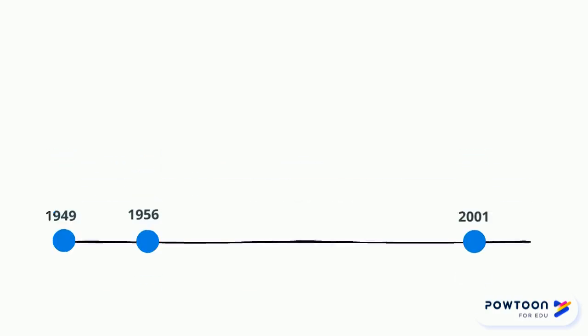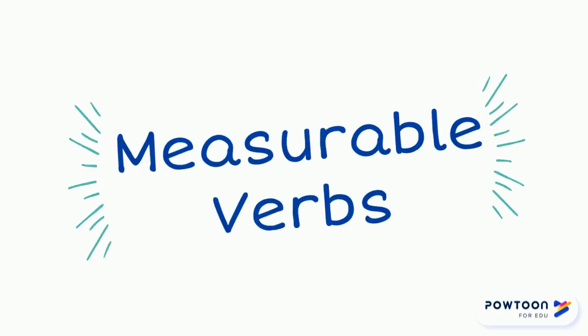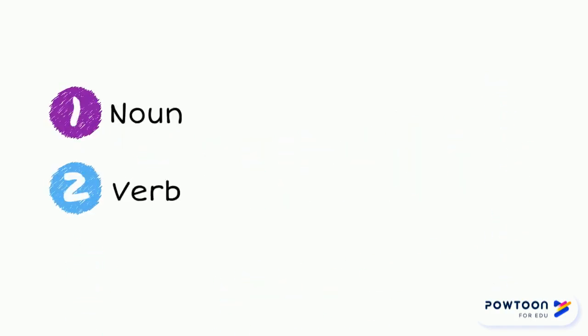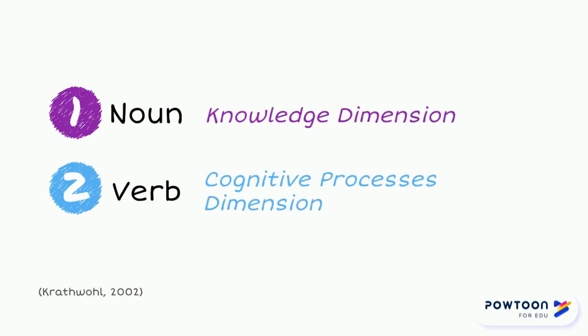Now, our instructional design article was quite right in their brief description of creating learning objectives in that you need measurable verbs. So there's really 2 parts to a learning objective, the noun or the content, and the verb. These represent 2 different dimensions, the knowledge dimension and the cognitive process dimension.